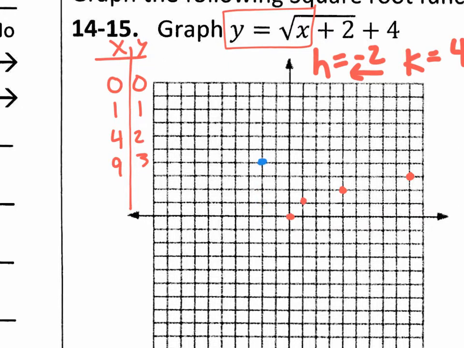And the next one, 2 to the left and 4 up. And then the other one, 2 to the left, 4 up, right there. And the last one, 2 to the left, and 1, 2, 3, 4 up right there. So your actual graph is the one with the blue dots, starting here, going through these points.